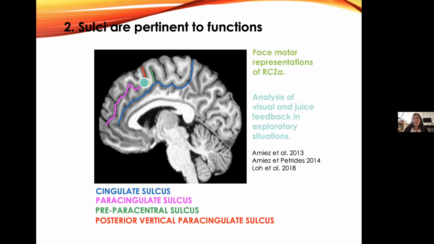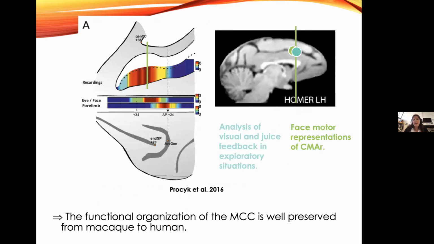If it's negative feedback, you adjust your action until you understand what the correct action is. When you are analyzing such feedback in an exploratory situation, the mid-cingulate cortex is highly involved. What is really interesting is that in macaques, we observe exactly the same.